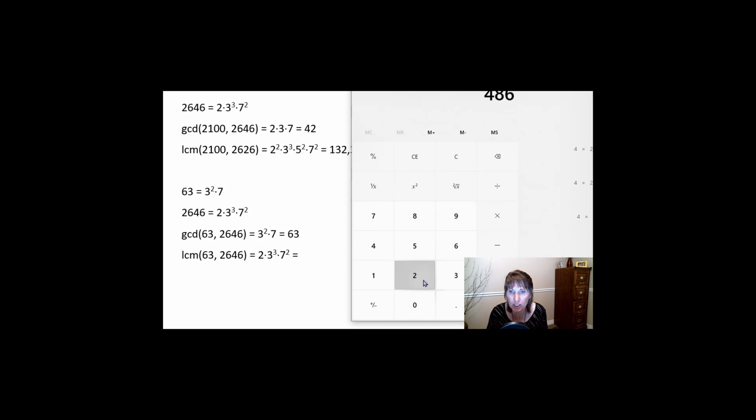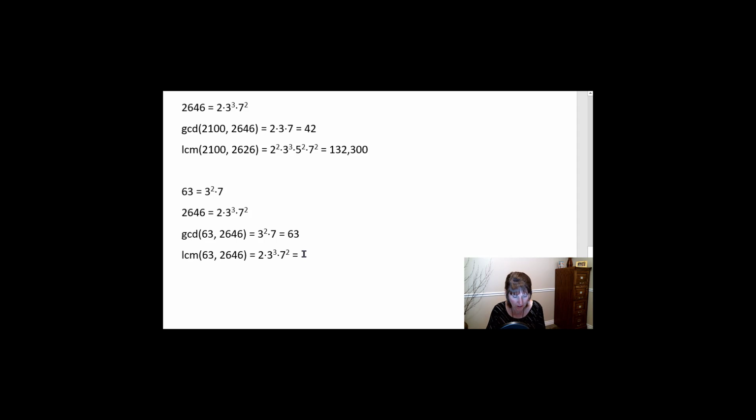Okay, so we take 2 times 3 cubed, which is 27, times 7 squared, which is 49, and we get 2646 as our answer.